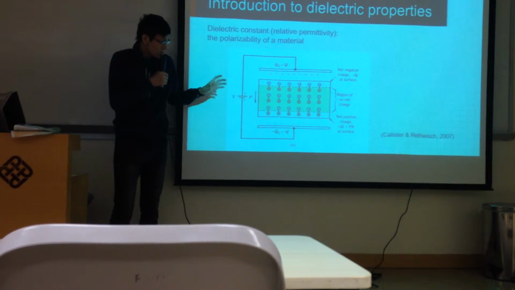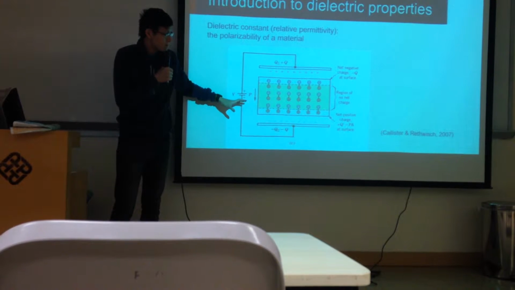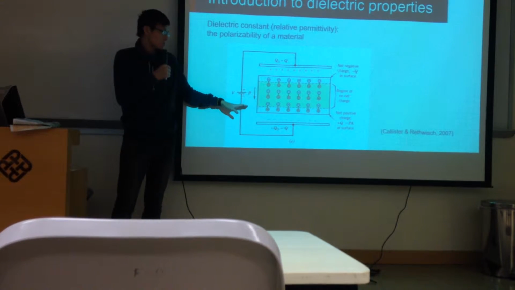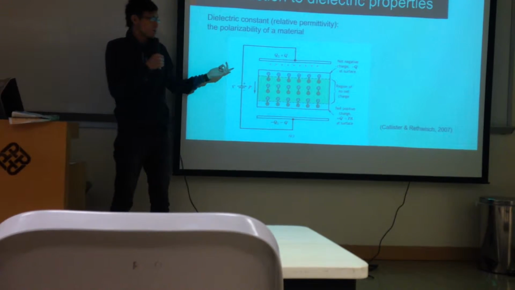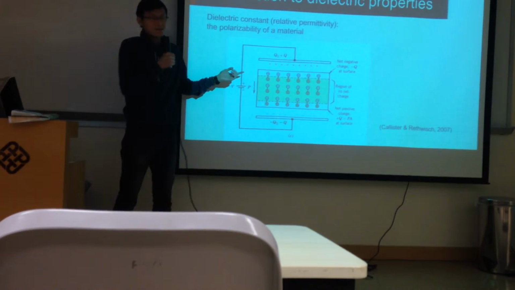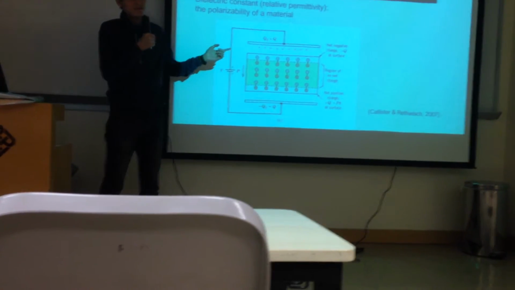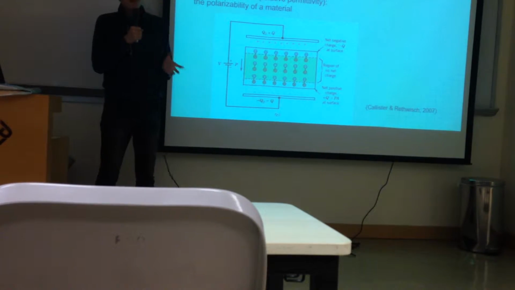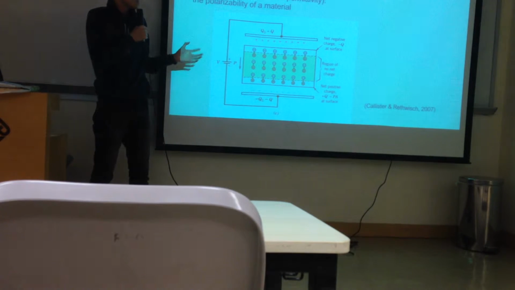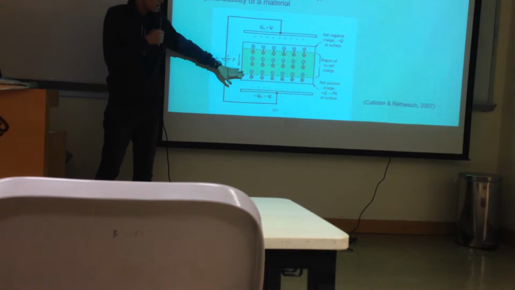So there will be a net positive charge at one surface of the material, while on the other surface there will be a net negative charge.